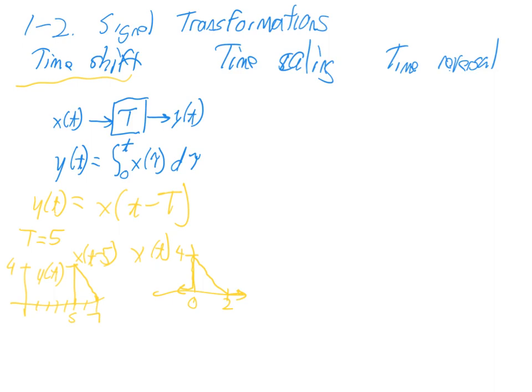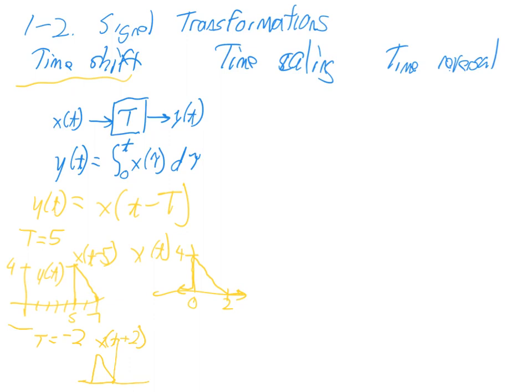Now, if I had let capital T be -2, as an example, let's do that. Another example, capital T is -2. Well, then my output function is going to look like this. And now I have x of t minus -2, or +2.